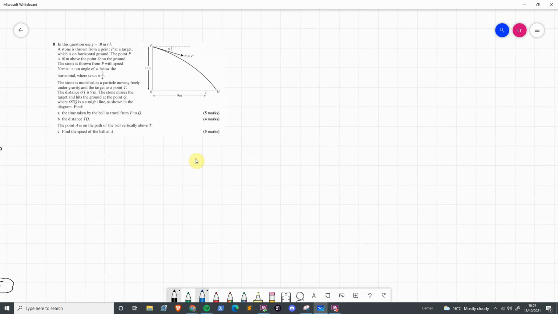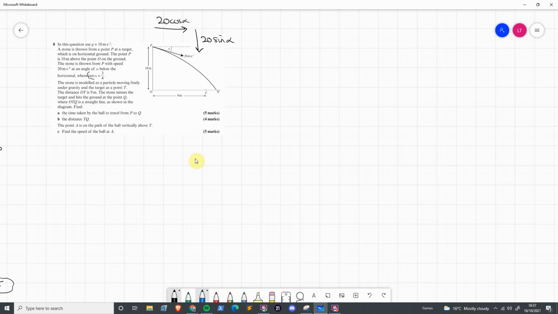So final question, question 8. Again, we're using gravity as 10. They've been so nice to draw a diagram out for us. Let's just add our forces on, going down and right this time. So this is going to be 20 sine alpha, 20 cos alpha.